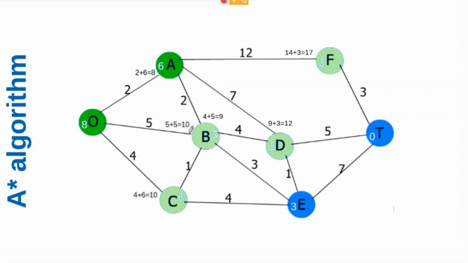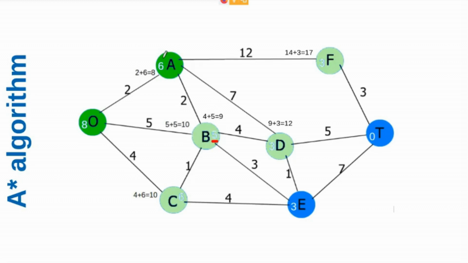And then here in B, we have the heuristics when going from B to T. As you can see here, this number is the result of the addition of the real cost of going 2 plus 2, 4, but you add only the heuristics of this actual node, right?